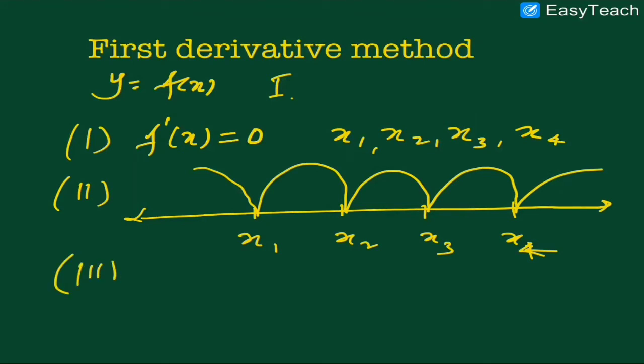In the third step, we check the sign of f dash x before the point x1. Suppose this sign is positive and after the point x1 the sign of f dash x is negative.